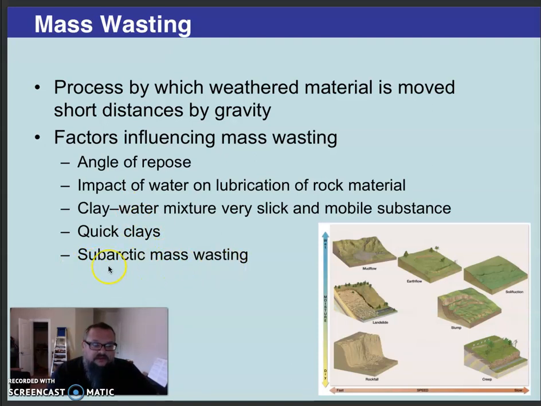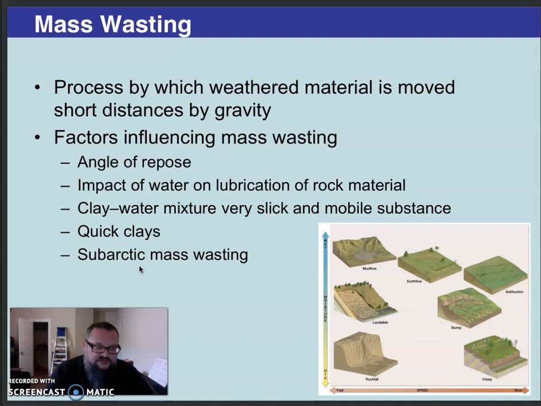And then finally, in places where the ground is frozen much of the year, there are mass wasting events that happen. We call these solifluction, or mass wastings that are associated with permafrost, when the ground goes from being frozen to melting during the warm months.